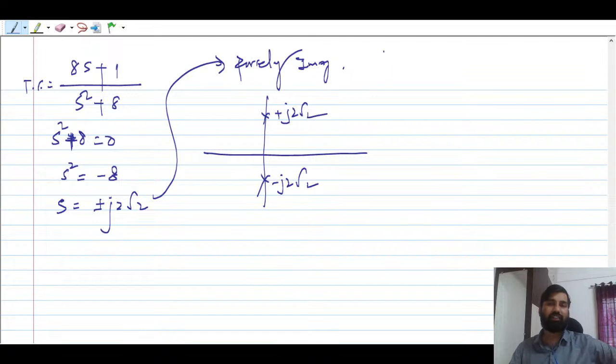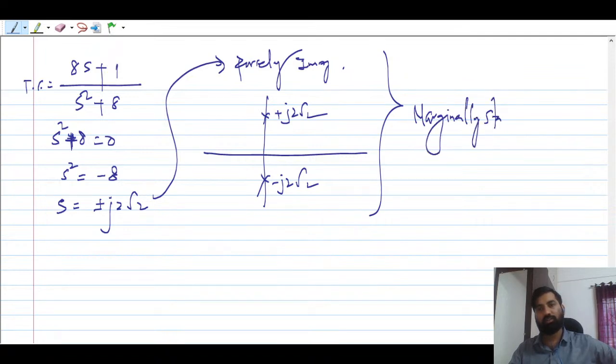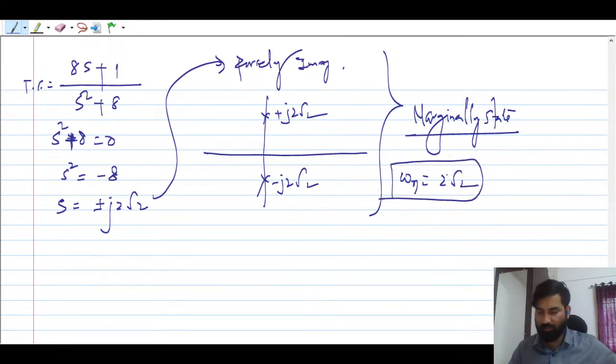So you can clearly say that the system is marginally stable. From here you can also find the natural frequency omega, that is 2 root 2 radian per second.